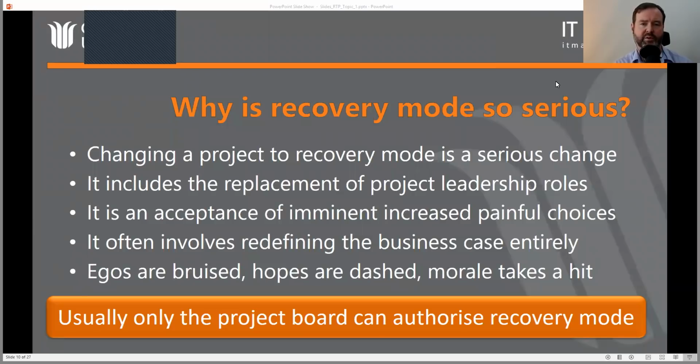Let's put it into recovery mode and see if we can salvage a better outcome out of this. But it's the people who are ultimately responsible for the conversion of investment into benefits, the people who agreed to put up the funding in the first place and said, let's do this, those are usually the ones who make the decision to say, okay, let's do this totally differently.